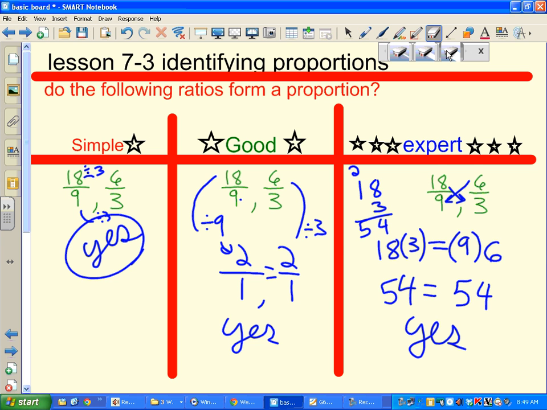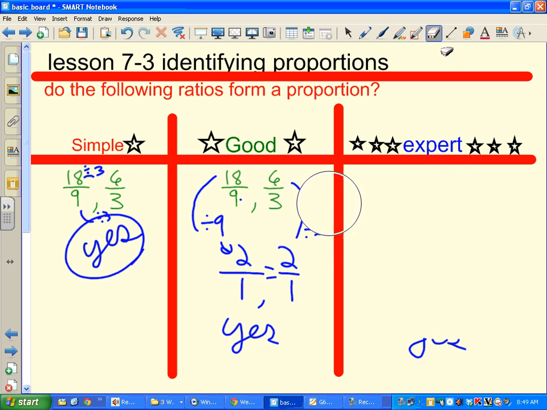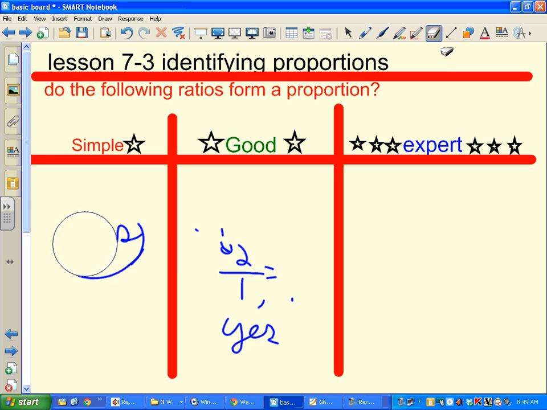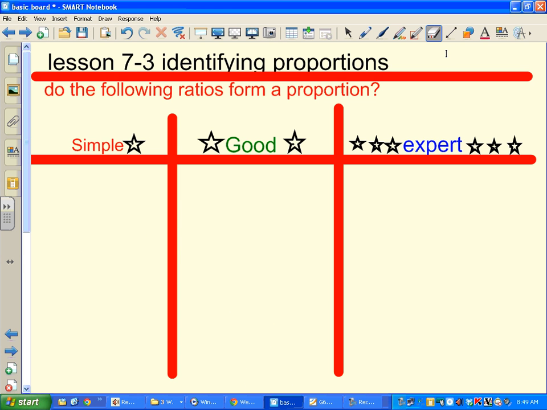All right, now I just want to use one example of one where the expert way is going to be probably your best bet. And the answer for that one is going to be this. 20 eighths and 3.5, 3 and 5 tenths over 1 and 4 tenths.